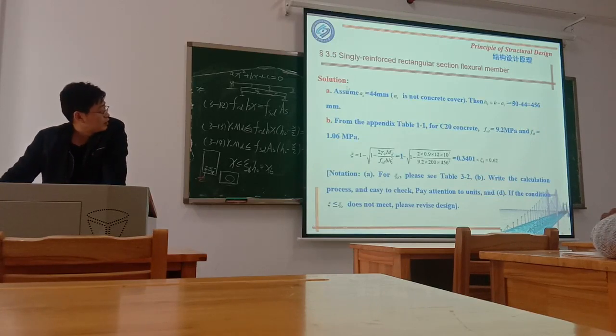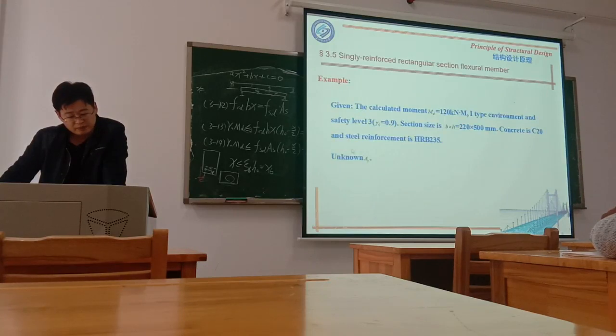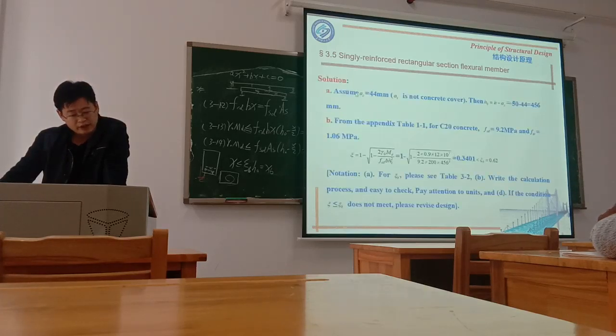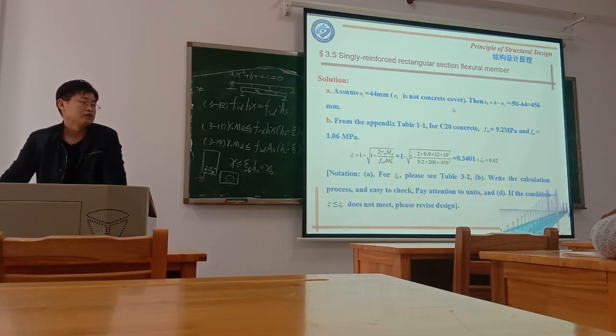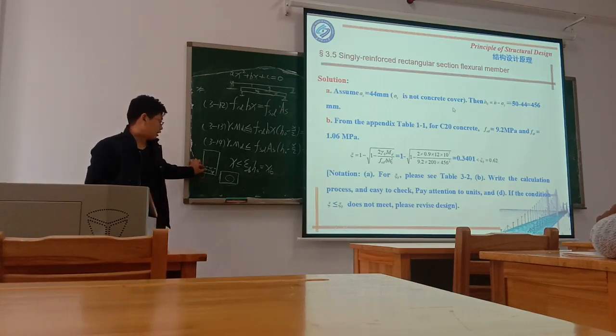First step, assume AS, because this is a rectangular beam. The dimension is 220 and 500. Then assume AS equal to 44 millimeters. You should pay attention, AS is not the complete cover. It's the cover plus half of the diameter.